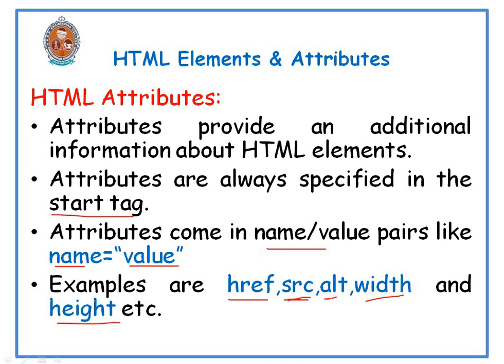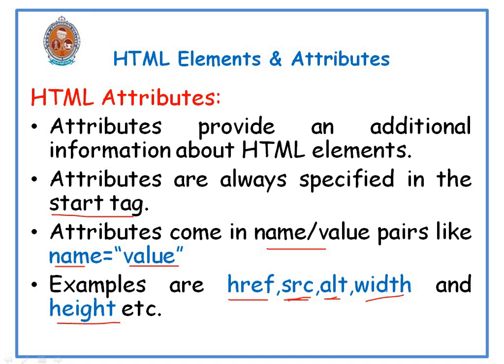Alt is an attribute of the same image tag. It provides alternate text for the image. And coming to the attributes width and height, these two attributes are also written inside the image tag. These two attributes provide additional information about the image tag, that means the width and height of an image.